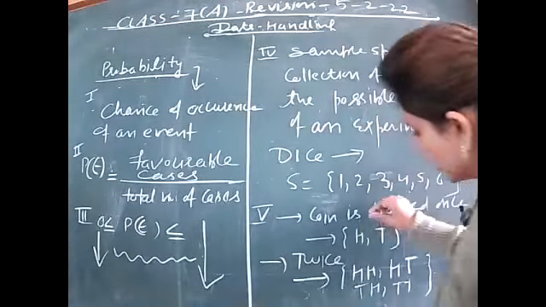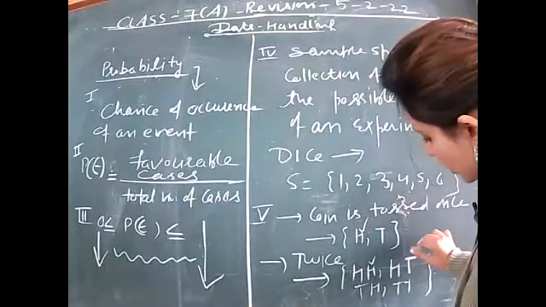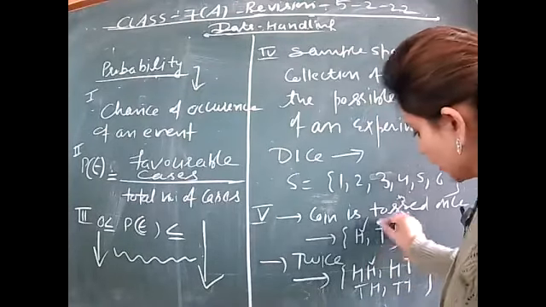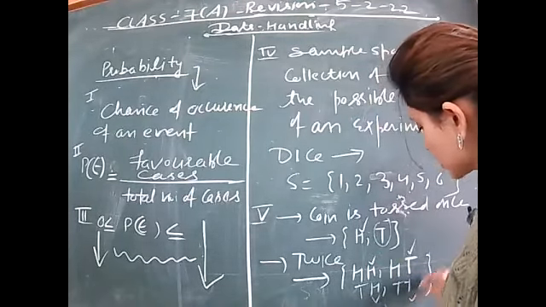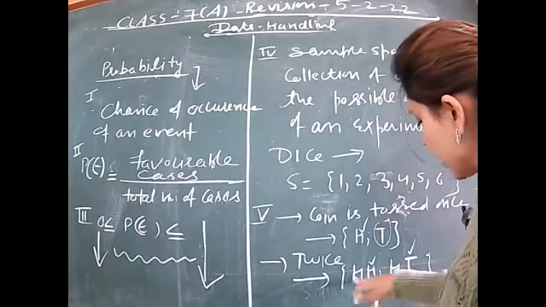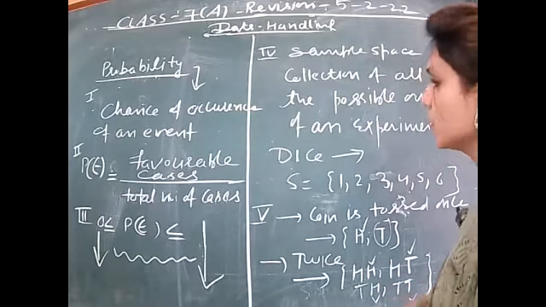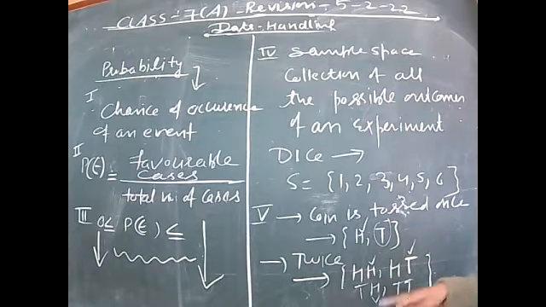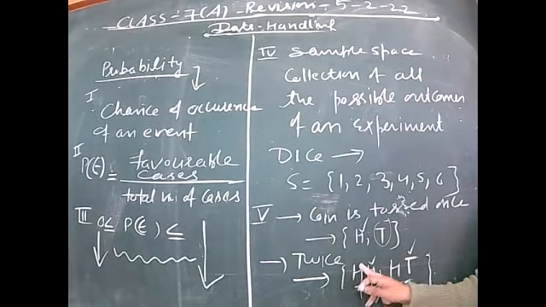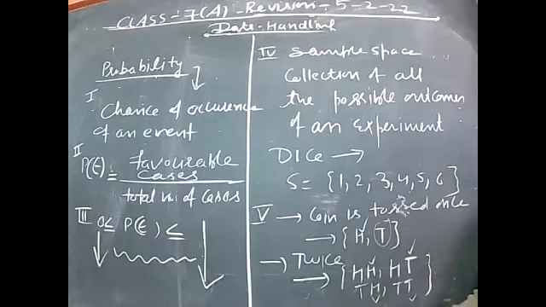How we remember it? H को उठाया उसके साथ H लगा दिया उसके साथ T लगा दिया. T को उठाया उसके साथ H लगा दिया उसके साथ T लगा दिया. So the answer is HH, HT, TH, TT. These are the outcomes when a coin is tossed twice.